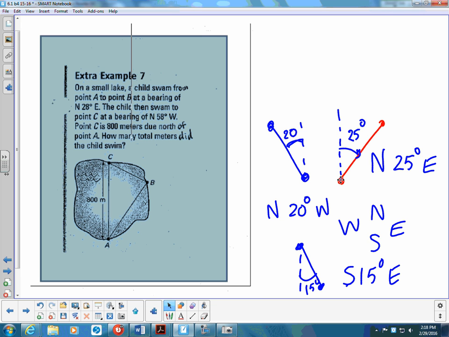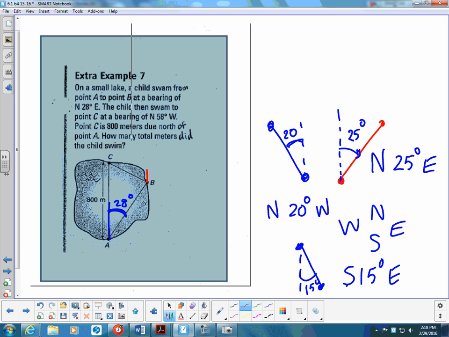So in this case, it says on a small lake, a child swam from point A to point B at a bearing of north 28 degrees east. That means this angle right here is 28 degrees because we're heading north, but we're angled 28 degrees to the east. All right? The child then swam to point C at a bearing of north 58 degrees west.